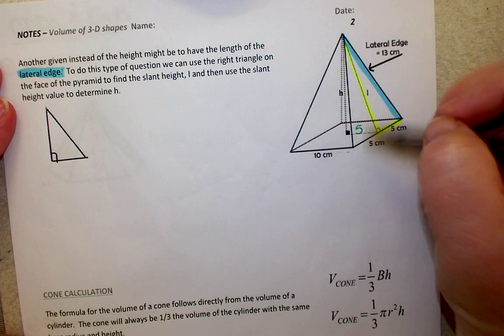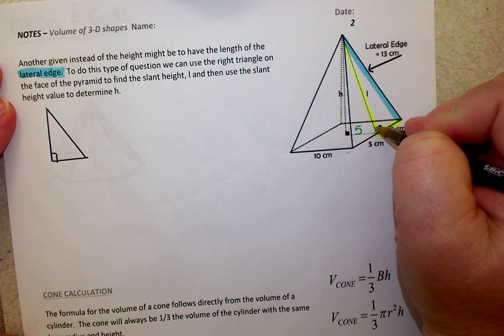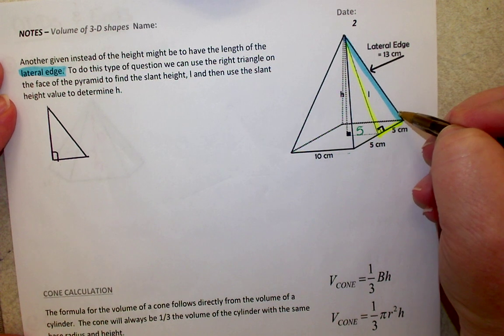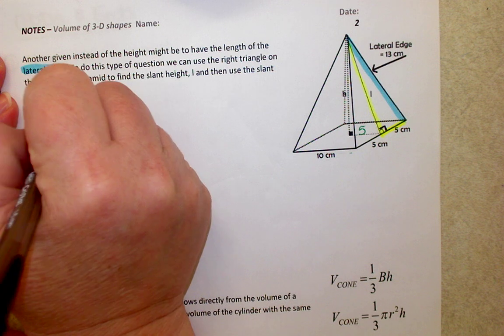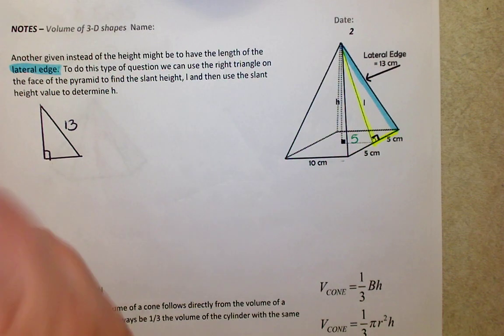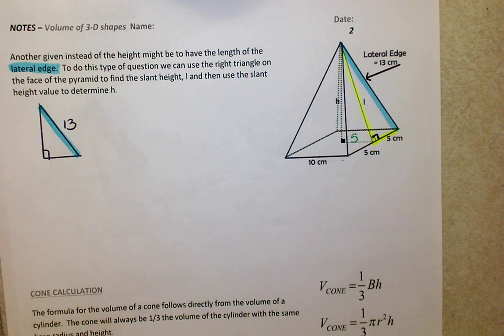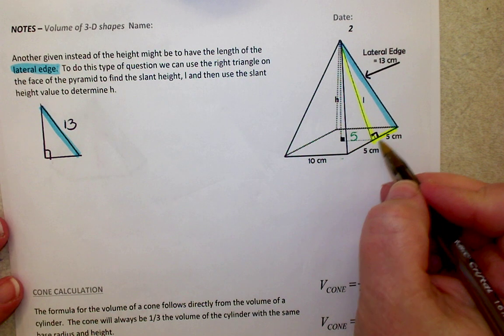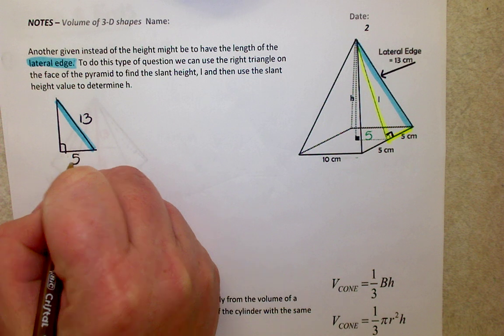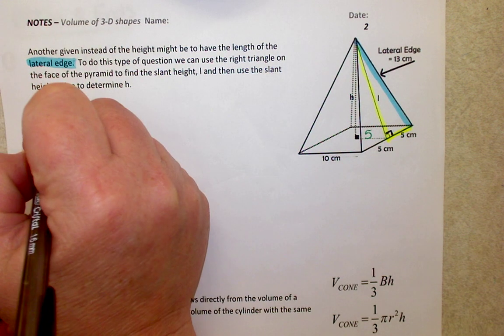All right, and look at this right triangle right here that I have highlighted. The lateral edge acts as your hypotenuse. So the hypotenuse here is 13. All right, I know that the base is 5, and I'm looking for L, my slant height.